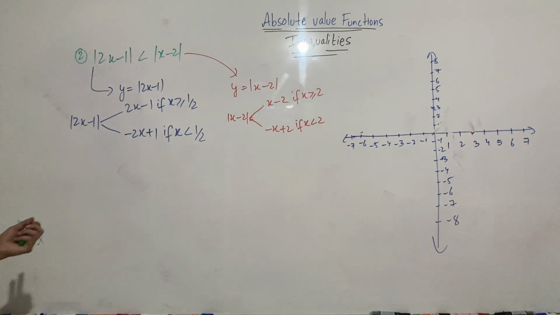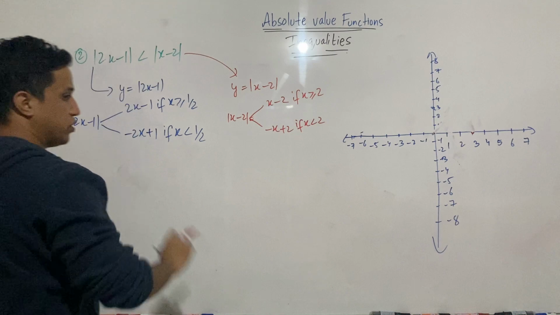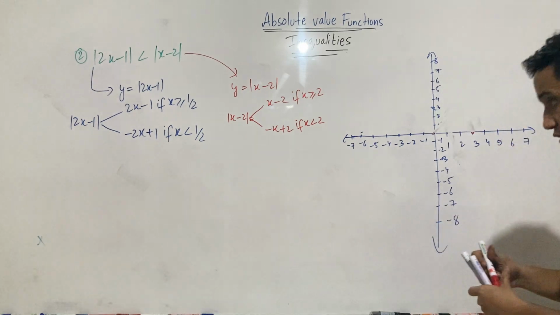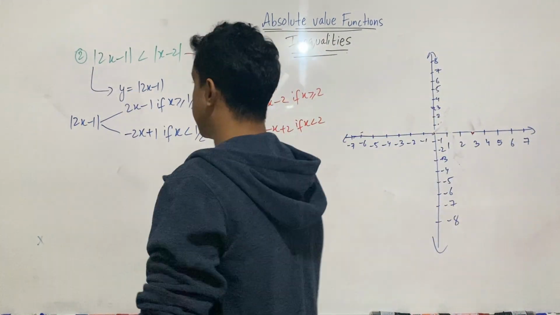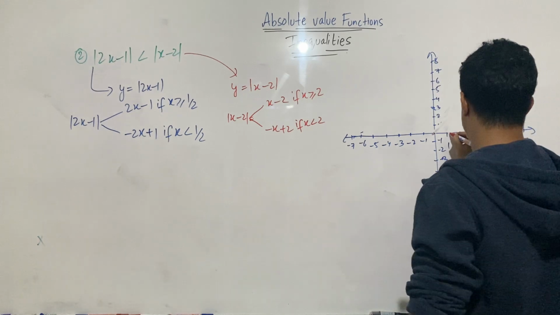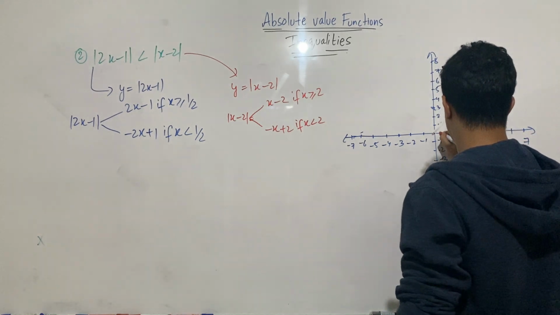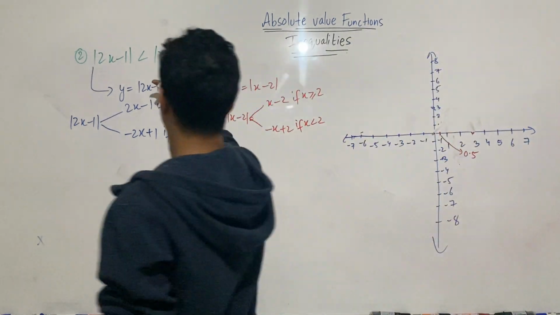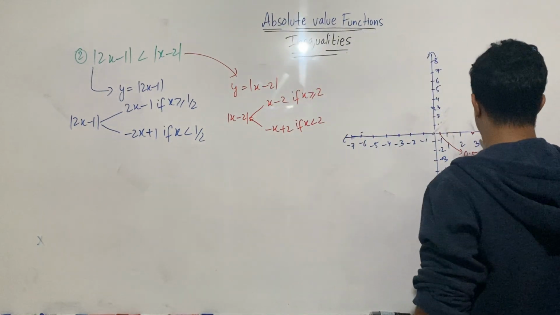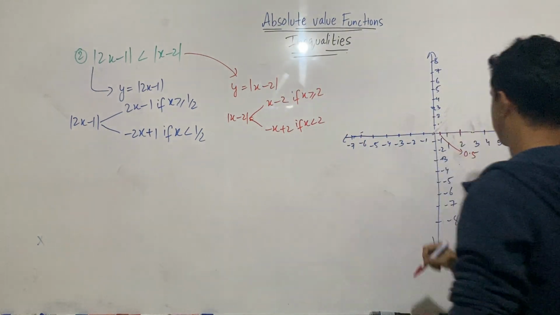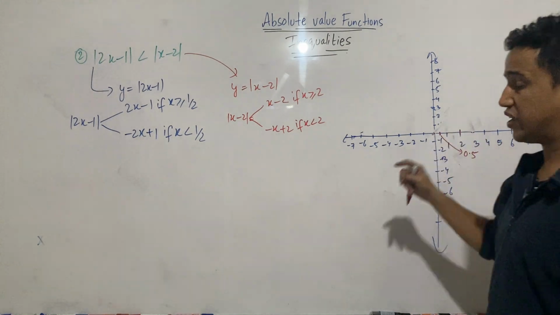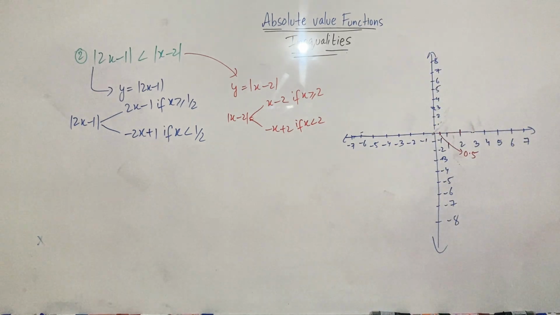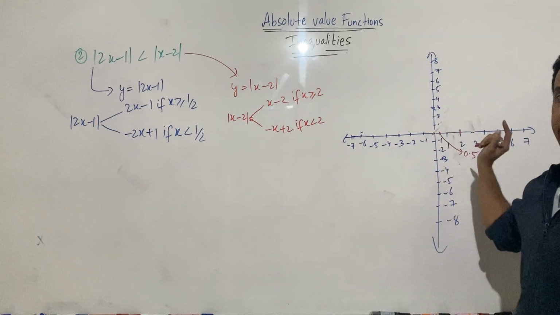Now see here, if you look at both these functions individually, for this function the vertex is going to be formed at 0.5, this point, and for this one the vertex is going to be formed at 2, here. So we are going to get two individual graphs of absolute value function whose vertices are formed at 0.5 and 2.